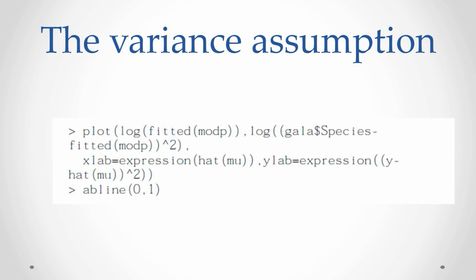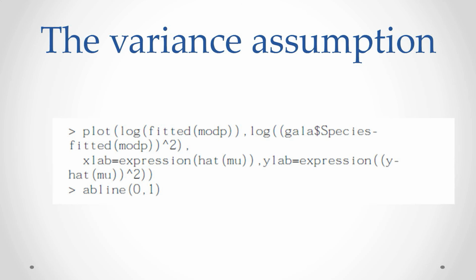This has been shown in the left panel of the previous slide. You can see from this plot that the variance is proportional to but larger than the mean.